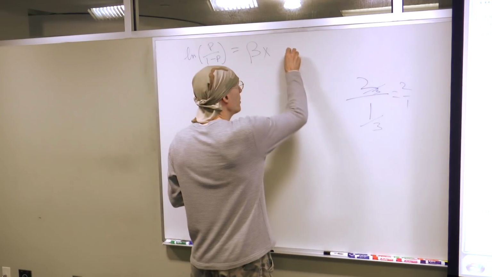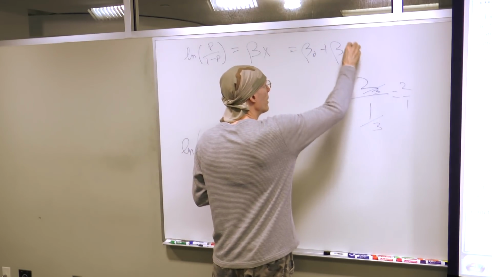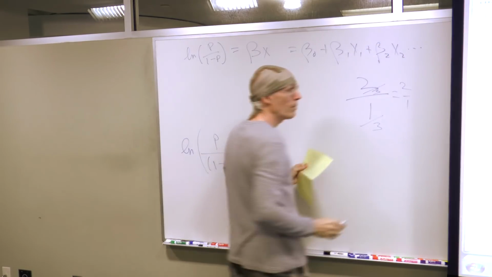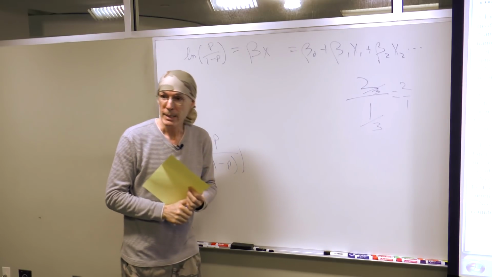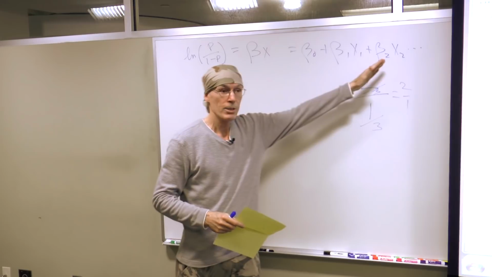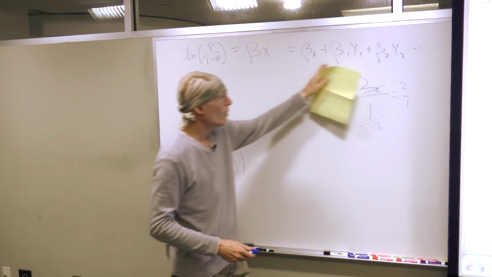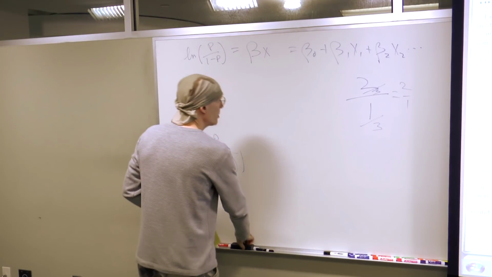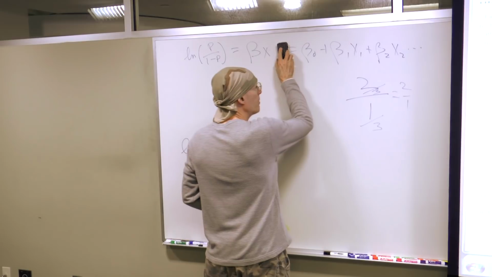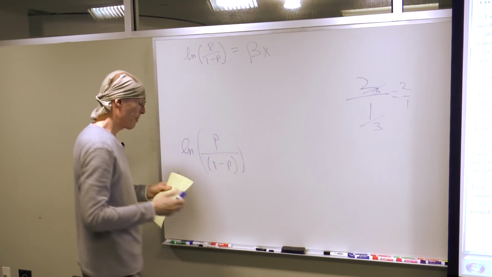So this would be equivalent to beta naught plus beta 1 x1 plus beta 2 x2 and so on. But to make it more convenient, so that I can just write beta x rather than all that, I'm just going to use the matrix notation. But it means the same thing. Are we okay with that? Okay, so let's get rid of that and make it simple that way.